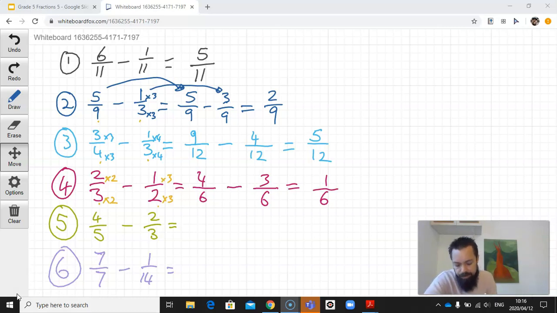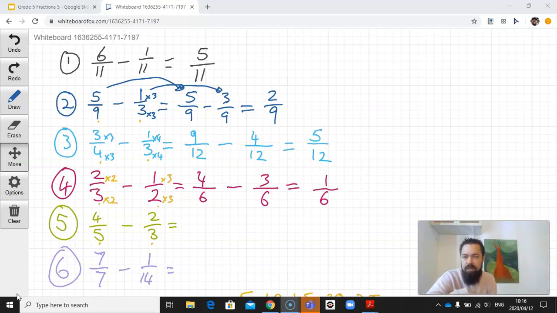Looking at number 5, 5 and 3, we need to make them the same. I need to see what they both go into. So let me jot the times tables down. 5, 10, 15, 20, 25, 3, 6, 9, 12, 15, 18. Oh, there we go, I got 15. So we need to make both of those denominators 15.